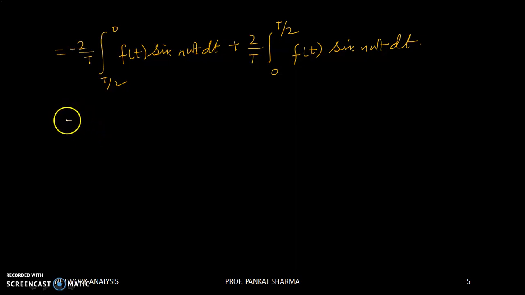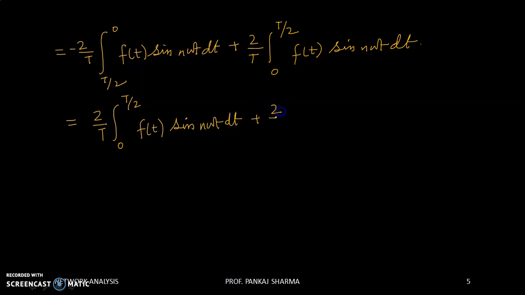This implies this is equal to 2 by T integral from 0 to T by 2 of f of t sin n omega t dt plus 2 by T integral from 0 to T by 2, the range of integration being the same here, of f of t sin n omega t dt.